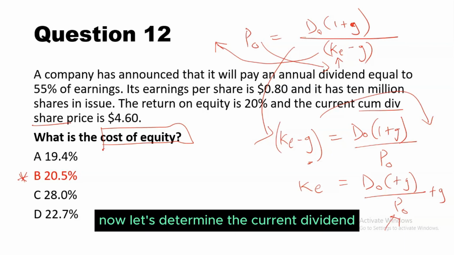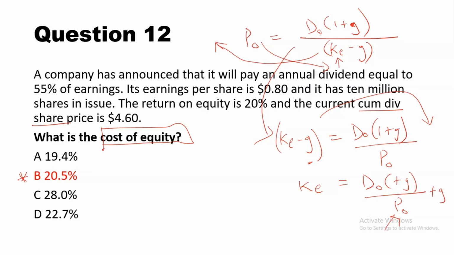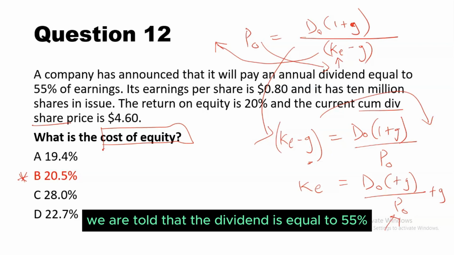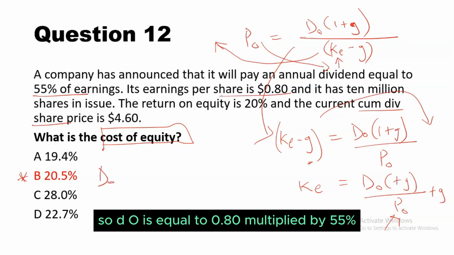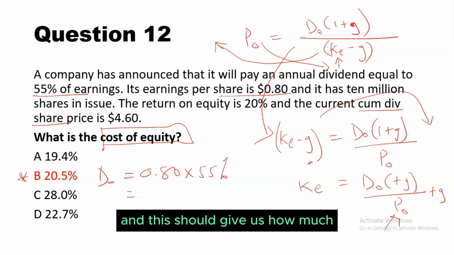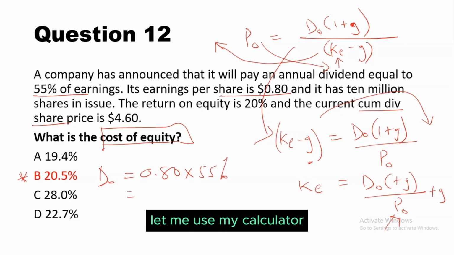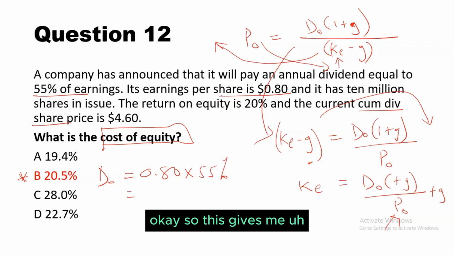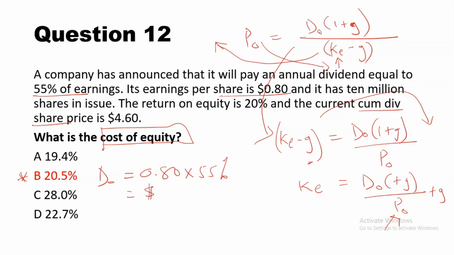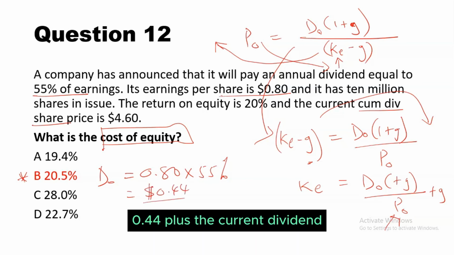Now let's determine the current dividend from the question. We are told that the dividend is equal to 55% of earnings, and the earnings were 80 cents. So D0 is equal to 0.80 multiplied by 55%. And this should give us how much? Let me use my calculator. Okay, so this gives me 0.44. That's the current dividend.